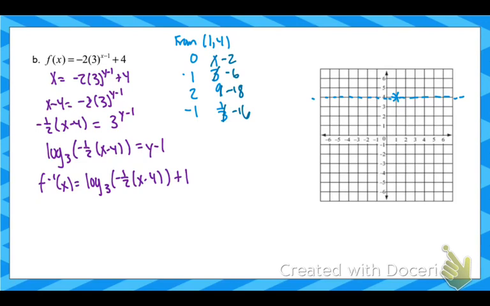So from that point, over 0 down 2, over 1 down 6, and then the other one's going to be off my graph, and then I've got negative 1, and that should be 1/6. I don't know why that looks like 16. Sorry, that actually is multiplying by 2. That's a negative 2/3. There we go. And there's my exponential function.